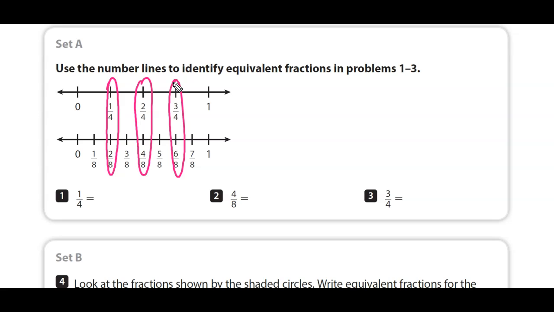Look at 1/4 and go straight down. 2/8. 4/8 is equal to how many fourths? Go to 4/8 and go up. 2/4. And then 3/4 is equal to how many eighths? 6/8. And whatever I'm writing, you're writing, right?